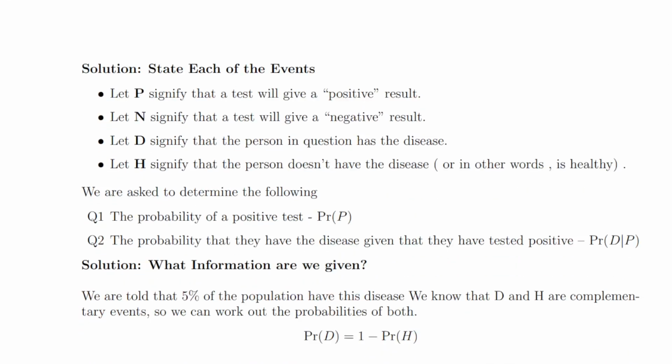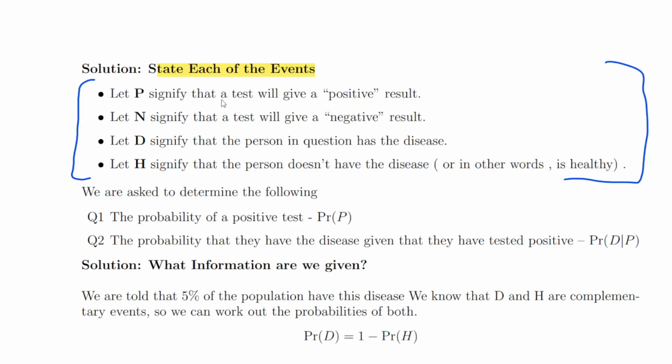Now, this is an important step when dealing with conditional probability: identifying and stating each of the events. So this is an important thing to do in your exam question. Make a statement about what you're going to do and what P and D and H and so on mean.